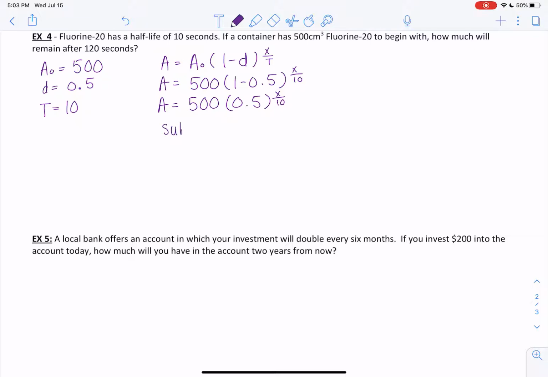So I'm going to sub in x equals 120. So A equals 500 times 0.5 to the power of 120 over 10. And that will give us that we will have 0.122 centimeters cubed after 120 seconds. So make sure to have a therefore statement.